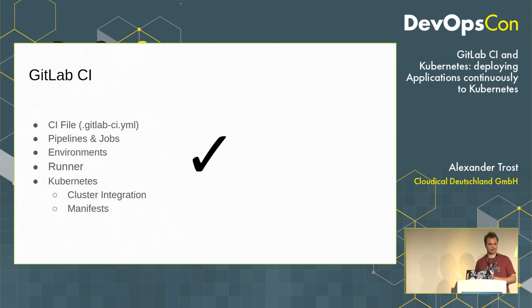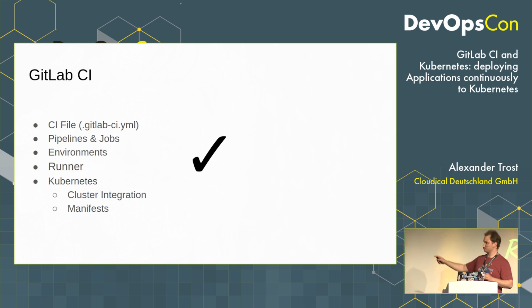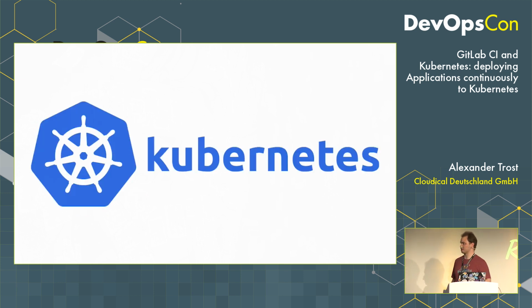We have the CI runners, which do the heavy lifting, executing the steps of the stages on the servers where the runners are running. Then there's the Kubernetes cluster integration, and one part I haven't touched on there is manifests, which I'm coming back to in the Kubernetes part now.